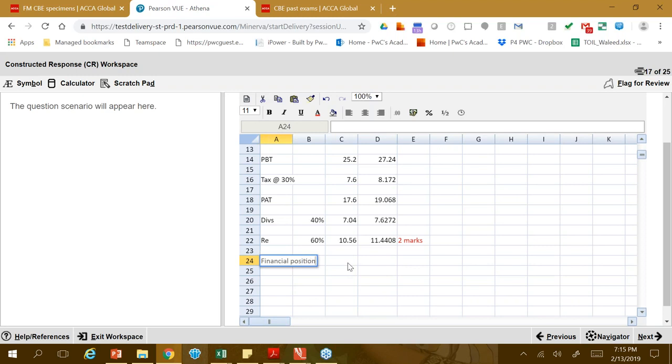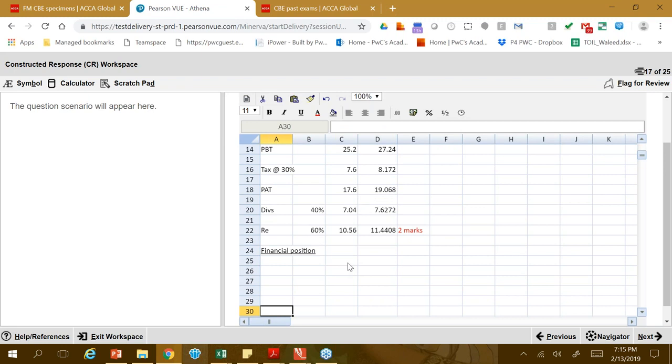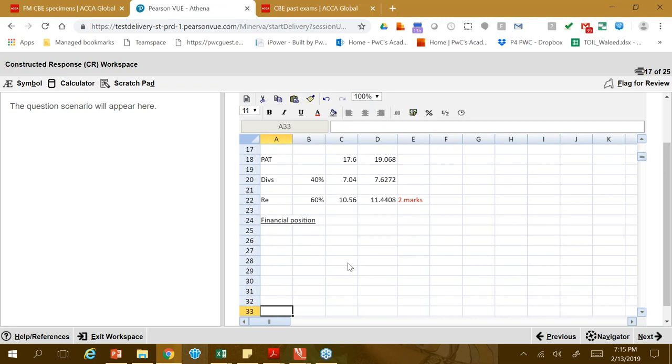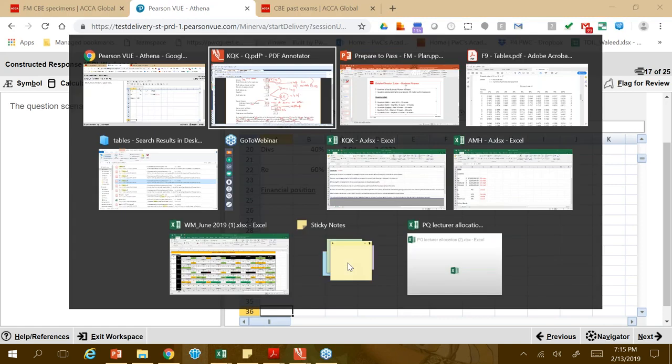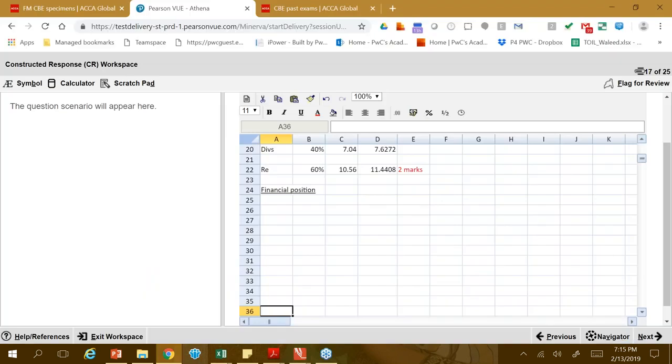Let's try to think on the financial position now. If I look at this question, the only thing given here is equity and liabilities. I don't have any asset information. So I'm going to use equity and the liabilities, current and after 1 year. I have the equity part.